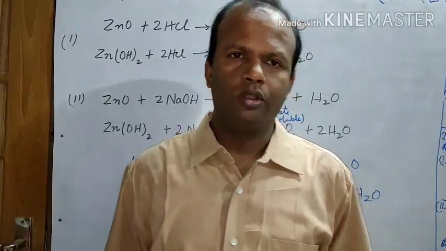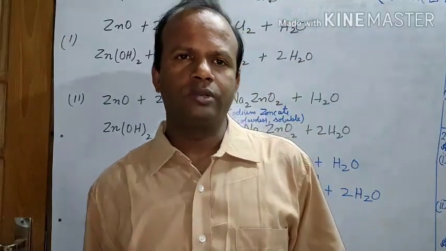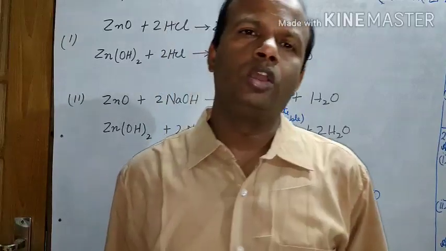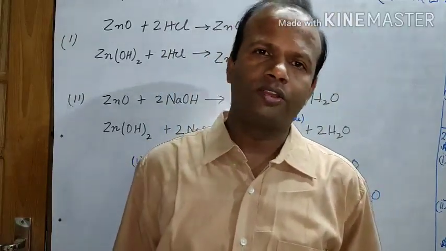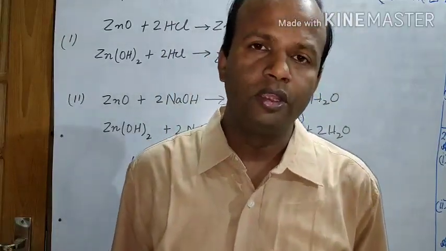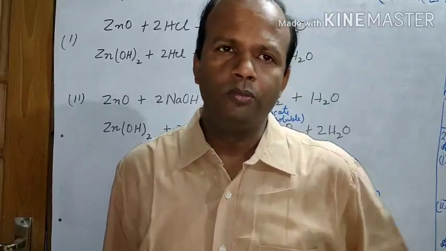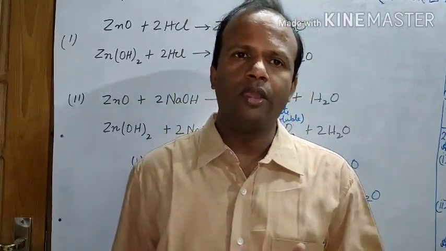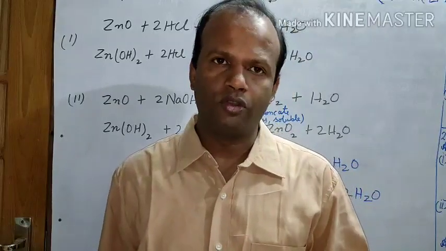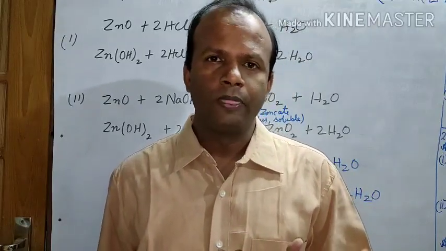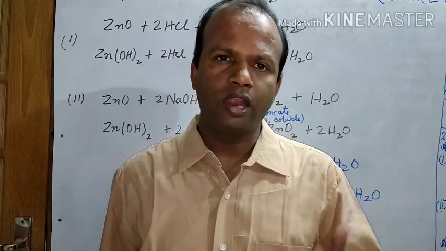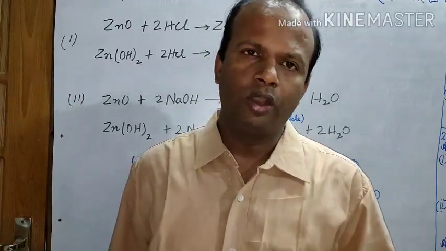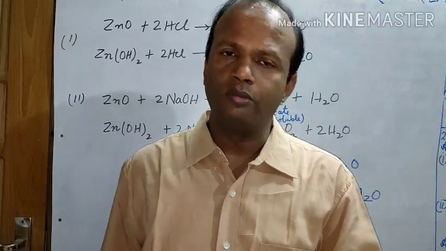So now the last topic we are going to touch is the action of alkali on certain metal oxides and hydroxides, and basically the amphoteric ones. Before going to the amphoteric ones, let us recall acidic oxide and basic oxide. If an oxide reacts with water to give acid, it is an acidic oxide, and if an oxide reacts with water to give a base, it is a basic oxide.